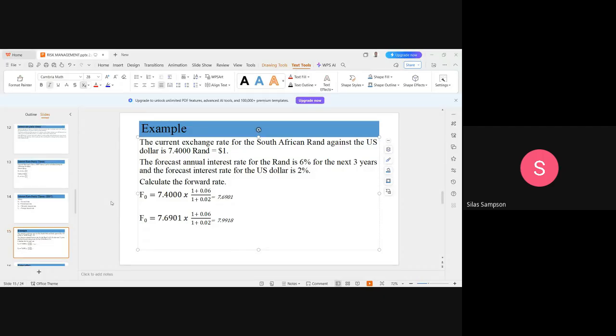The other one was 250 to $1, but here we are using 1.400 or 4,000 rand to $1. I don't know if you understand what I'm trying to say. The inverse, the indirect quotes. Yes, exactly. That is one divided by 7.4.